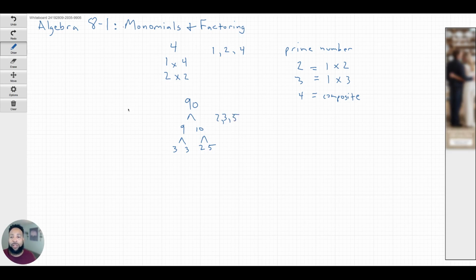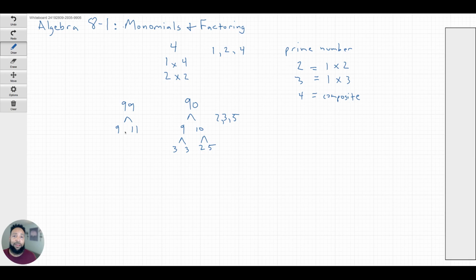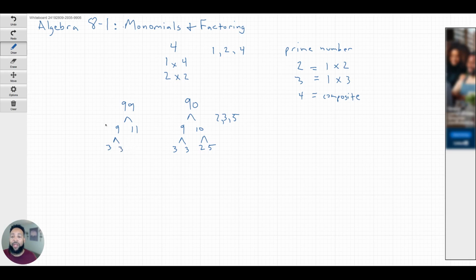See how that works? So let's look at, say, 99. 99, you have 9 times 11. With 11, you just stop right there. There's no other way to break that down besides 1 and 11. But with 9, you have 3 times 3. So now the prime factors for 99 are 3, 3, and 11.